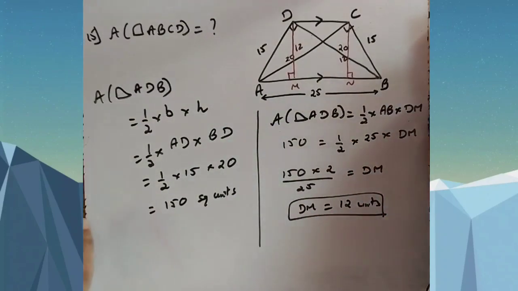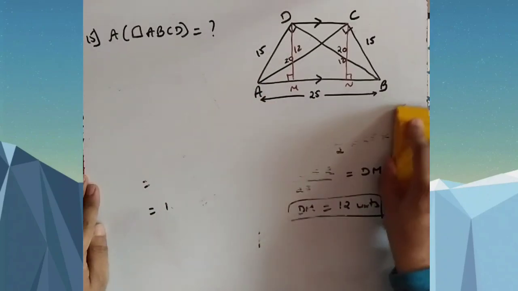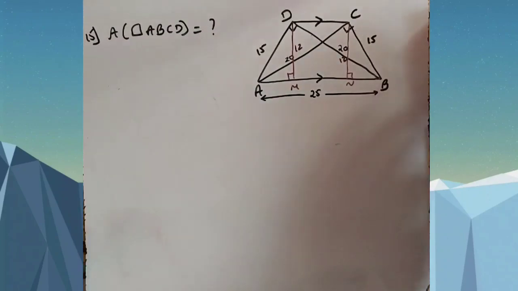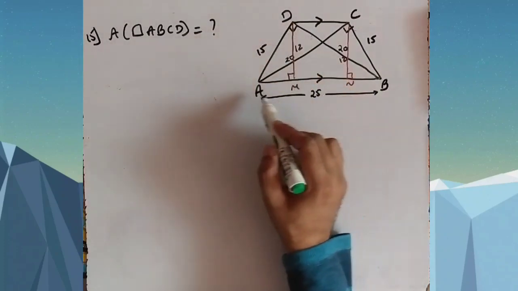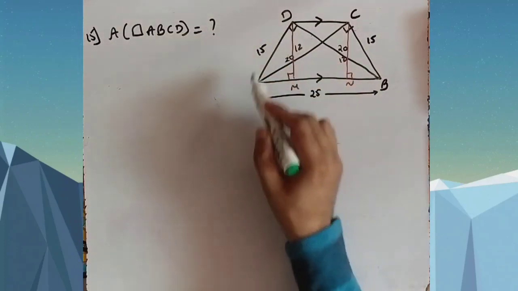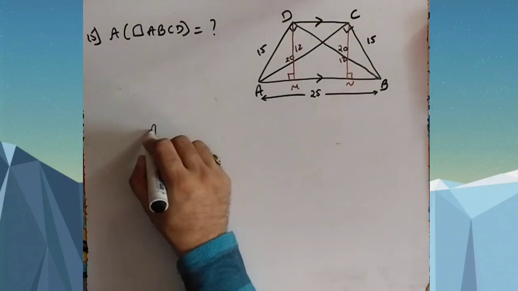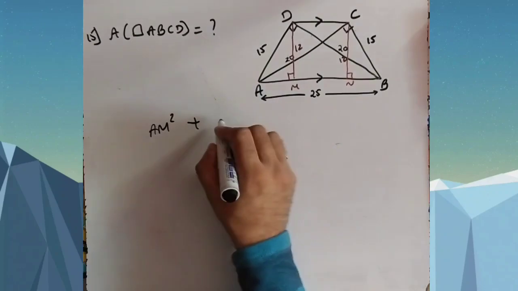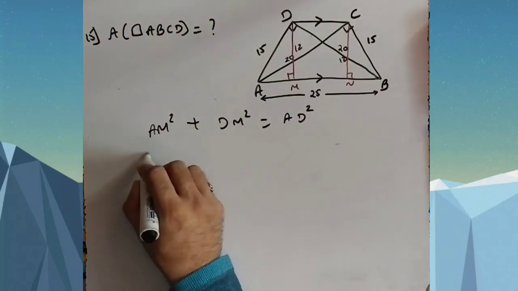Now we will find out length AM by applying Pythagoras theorem in right angle triangle DMA. AM square plus DM square is equal to AD square.